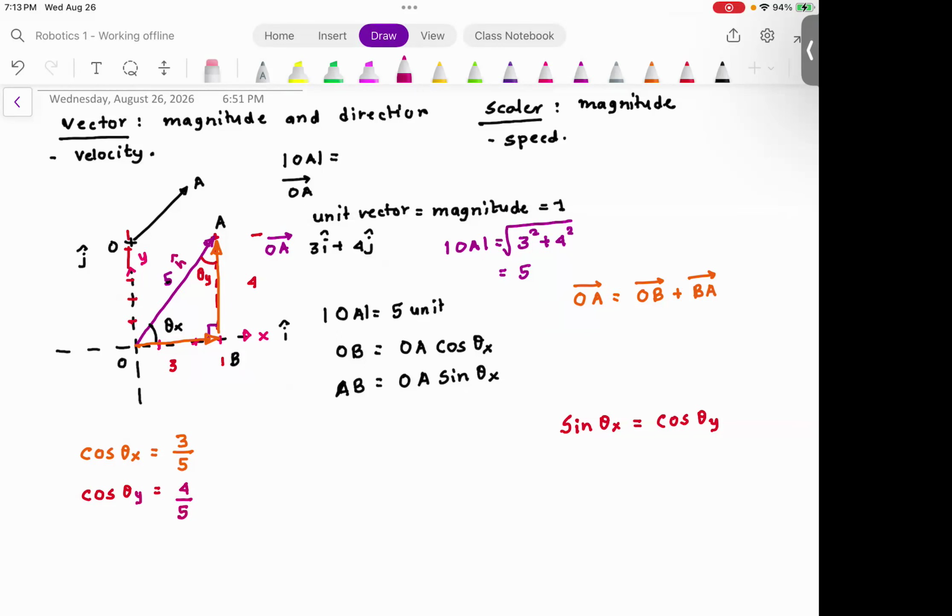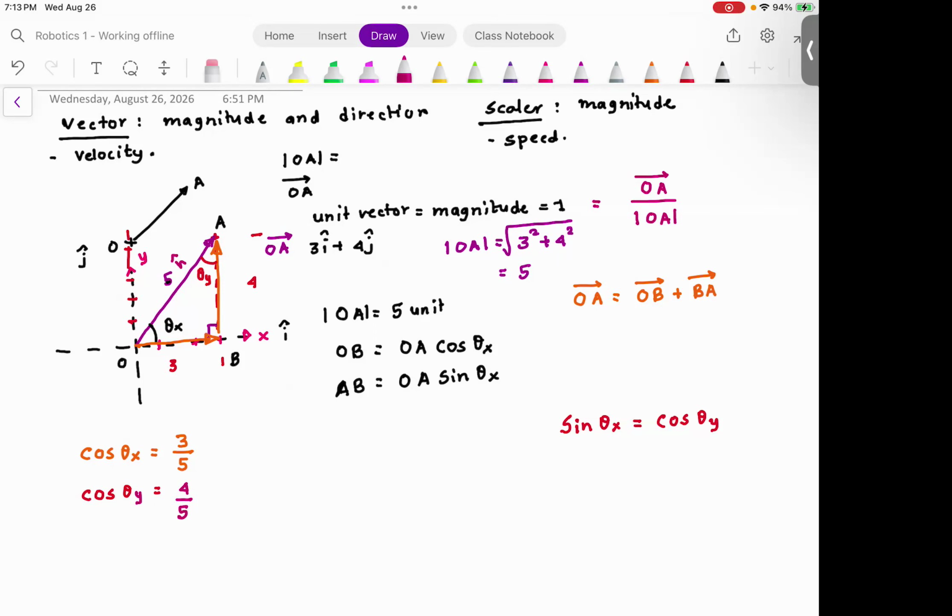Now the question is, how do we find out n hat? What is i? i is a unit vector. What is j? j is a unit vector. So how do you find out the unit vector? To find a unit vector, you have the vector. For example, if I take OA, this is the vector, and I divide that by the magnitude of OA, I get the unit vector. Do you agree with me?